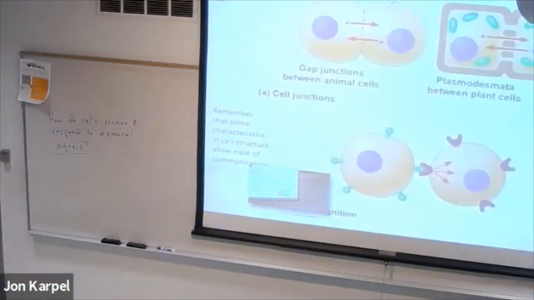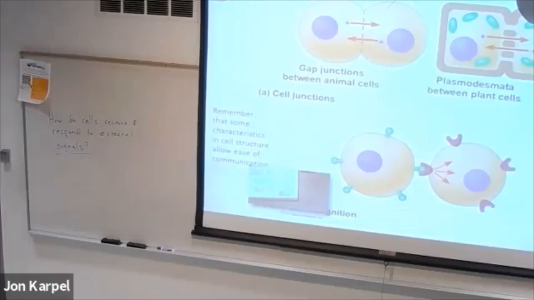Okay, we're going to focus on eukaryotes from here on out. We haven't really talked about cell characteristics that much, but there are some cell-cell characteristics that can help cells communicate with each other. For example, gap junctions are little gaps in the plasma membrane between two cells. You can find this in heart muscle cells.